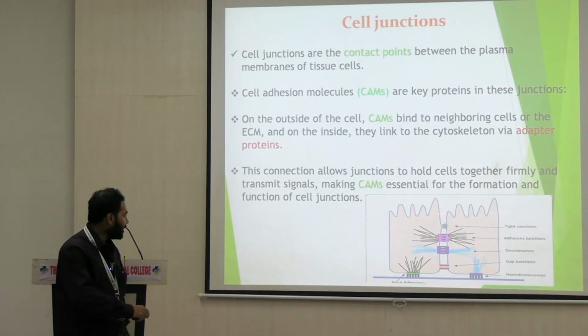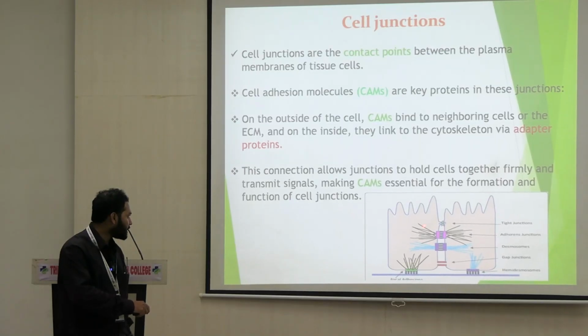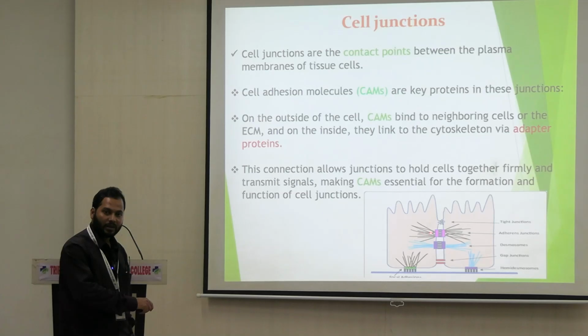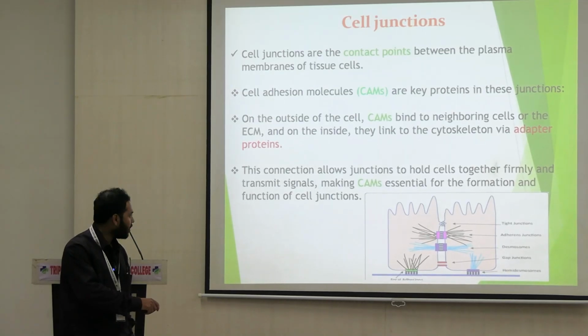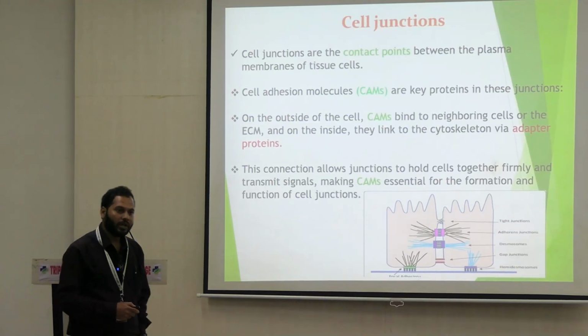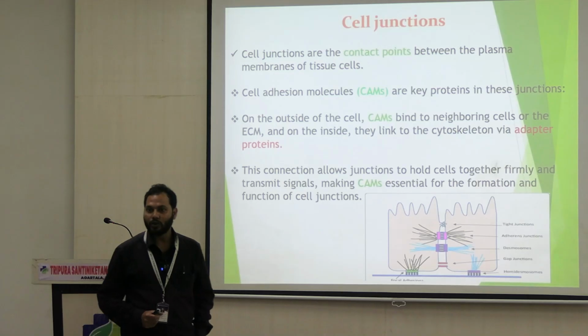Not only this, if you see, these junctions are attached to some important protein or filament that is present inside the cell. These are either actin filaments or intermediate filaments, which are structural components of the cytoskeleton.